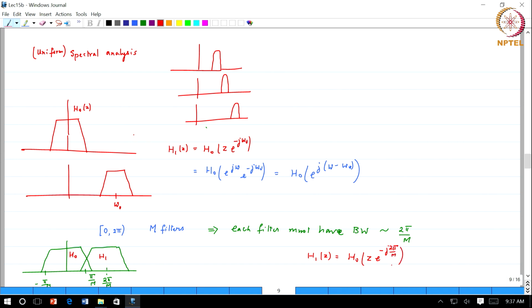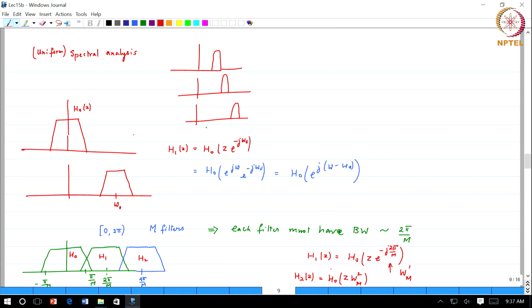We do have a notation for this, we will call it W M raised to the power 1, and of course H2 will be shifted by 4 pi over M. So if this is H2, H2 of z would be H naught of z W M squared and so on, and that would give you the entire range of filters, and this is a very common structure that we would come across in filter banks.